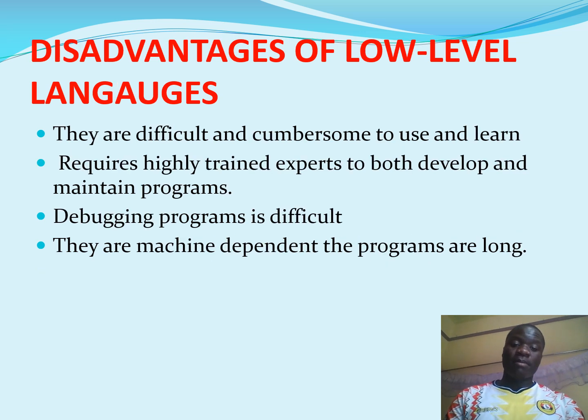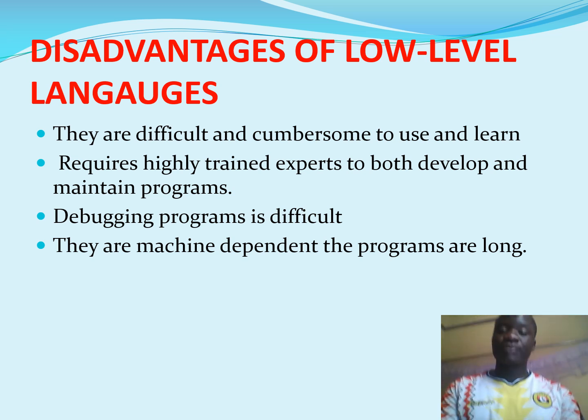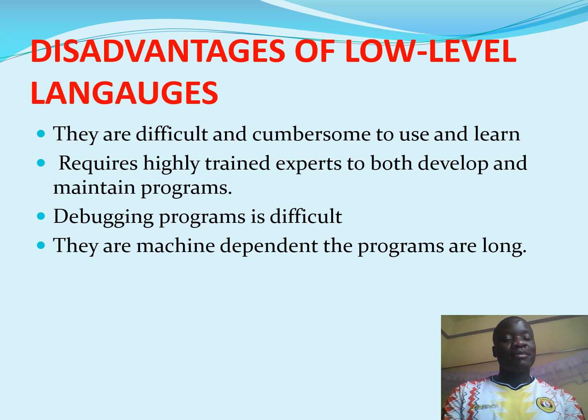So let us talk about the disadvantages, and the first one is they are difficult and cumbersome to use and learn. Remember, we said that in machine language it is all about binary digits, zeros and ones. It is really hard to understand that 111000 11 00 means something.